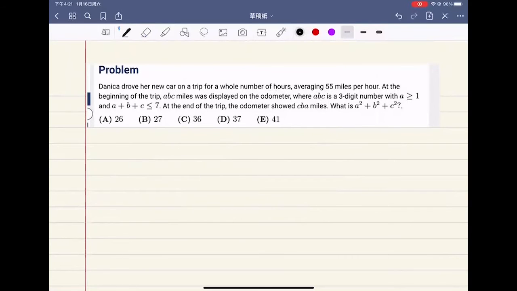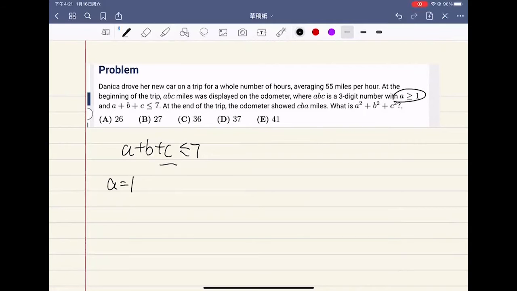And there, the last digit is adding 5 each time. So let's see what the possible values are. First, one very important value: A plus B plus C minus 7. Let's see how big the maximum value of C can get. The maximum value C can get is when A and B are the smallest values, which means A equals 1.